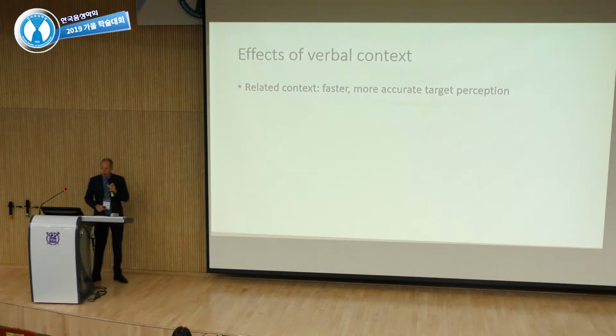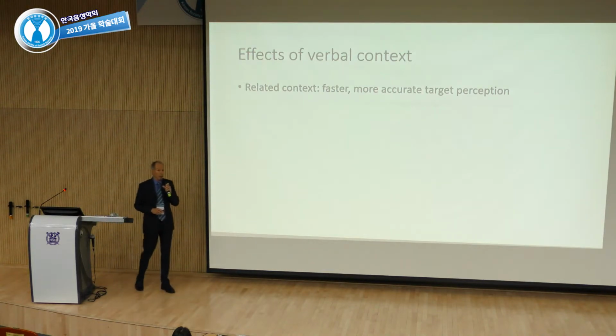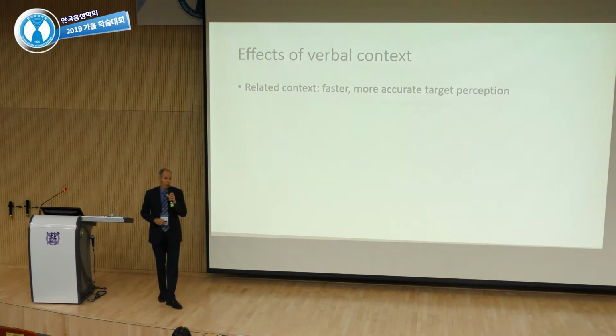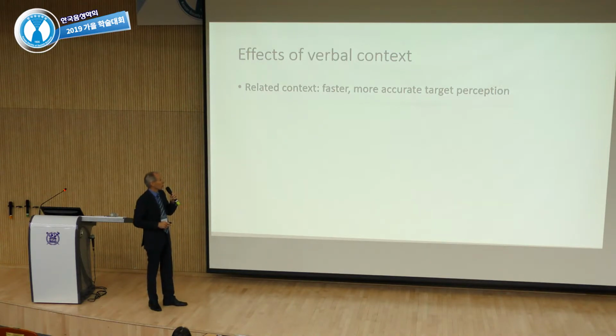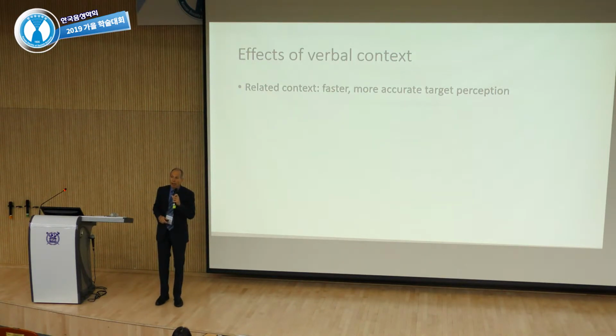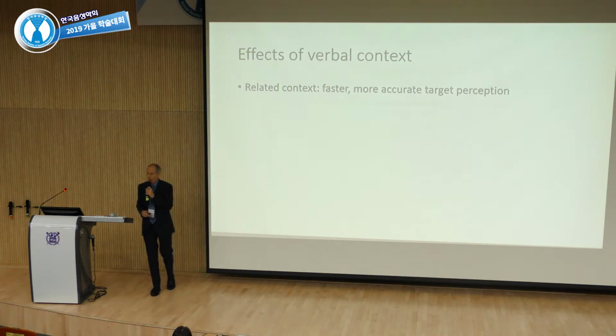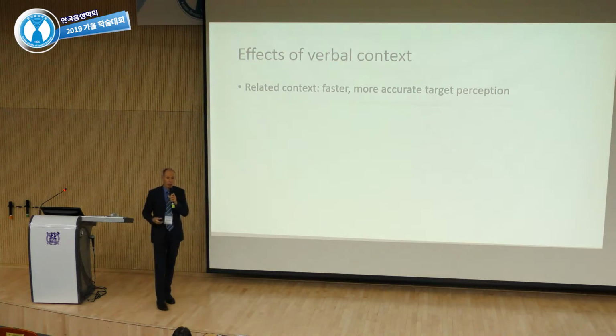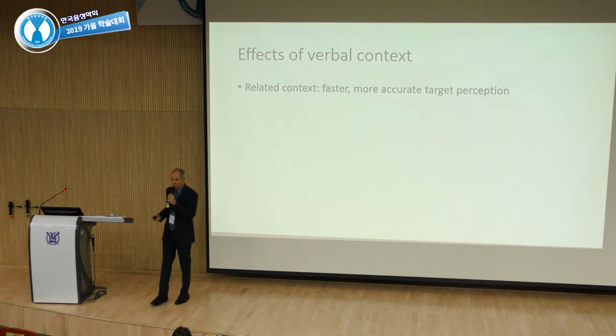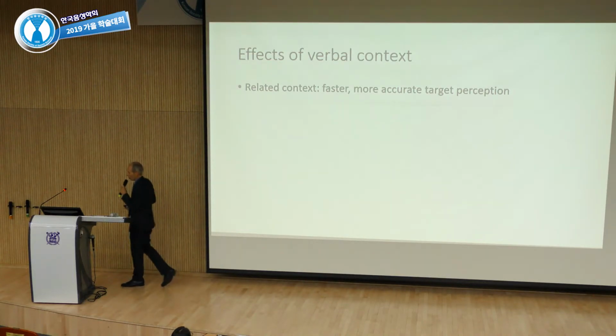We now know that recognition of particular phonemes or words is much quicker and much more accurate when the target occurs in a related context as compared to an unrelated context. That relation can be semantic, or it can be phonological, for example.